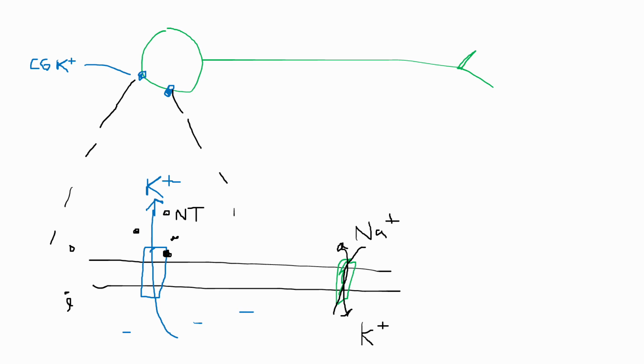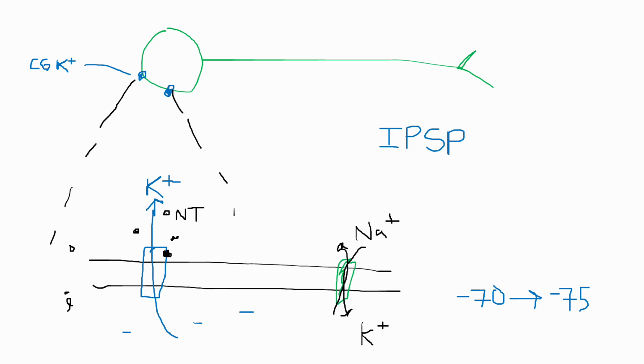So if our resting membrane potential was at negative 70 millivolts, maybe now we're at negative 75 millivolts. So this is an IPSP. This is an inhibitory postsynaptic potential.